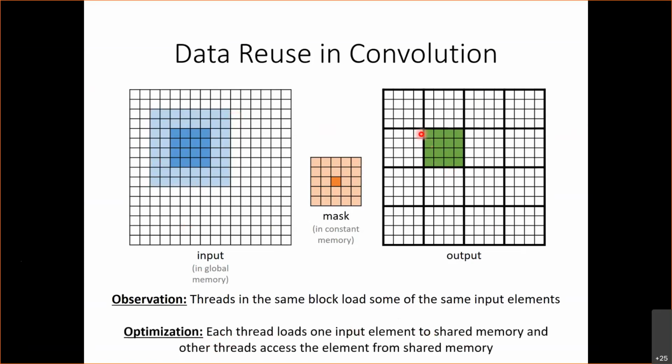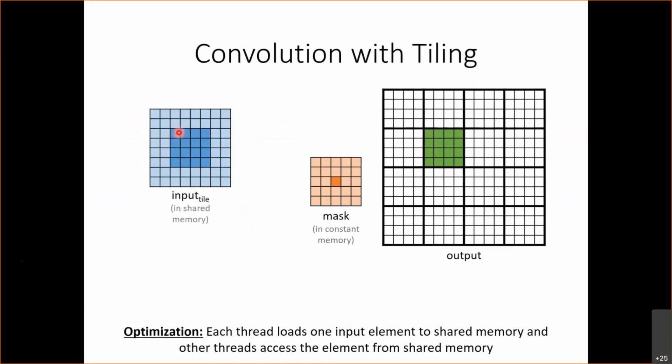Rather than having this thread load this element, and then this thread also load this element, and then this thread also load this element, we can simply have all the threads load this input tile into shared memory. So each thread loads one element. Then we can have these threads loop over the mask and loop over the input tile in shared memory and do the convolution operation. Is that clear? Any questions about this?